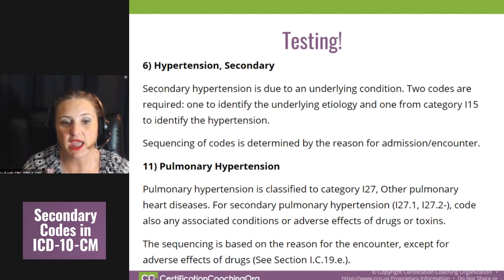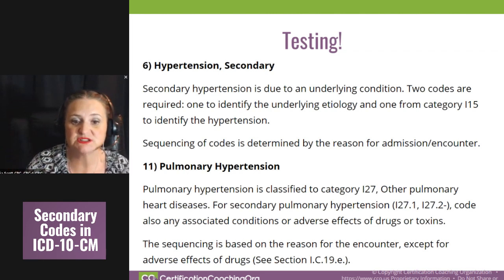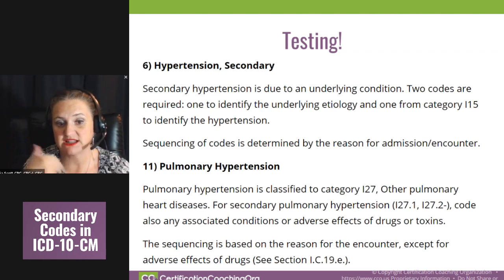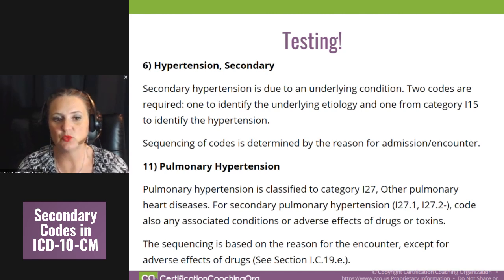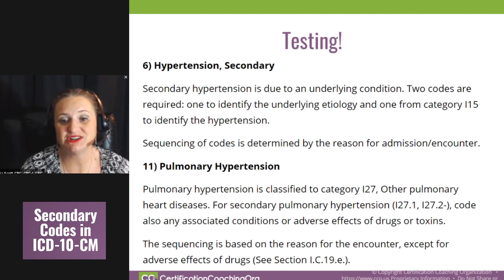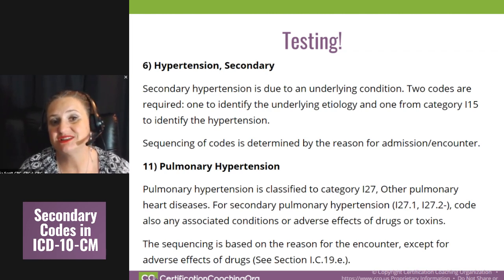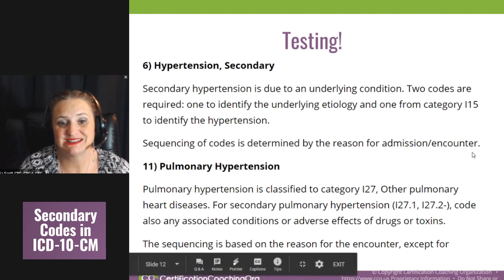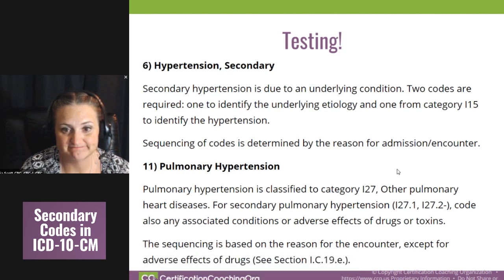And then it says, by the way, the sequencing, which goes first, is really going to depend on that same section that we saw before, 1C19E, because that has to do with poisonings, toxins, and adverse effects. So pay attention, little light reading, go look in your tabular at I27.1 and I27.2. Familiarize yourself with what the information says for secondary pulmonary hypertension. Very good.